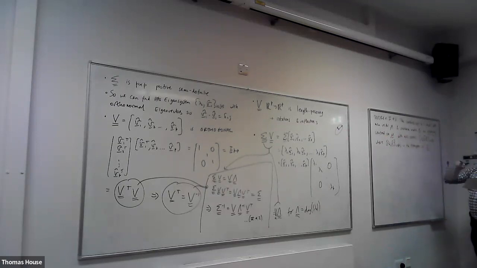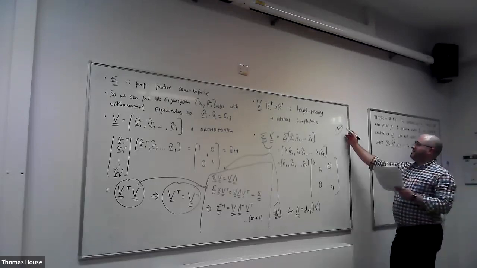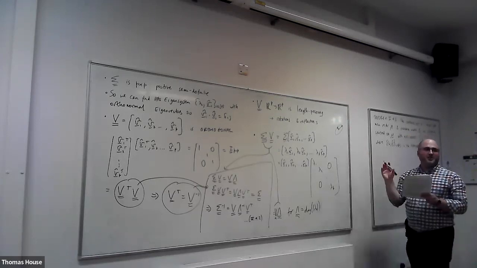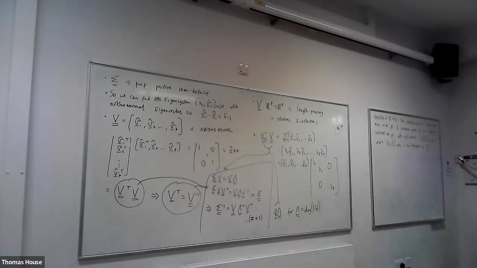And in higher dimensions, I can keep giving you vectors at right angles, and that tells you what the ellipsoid is. That's enough information to know what the ellipsoid is. Hopefully we're going to show what that means.